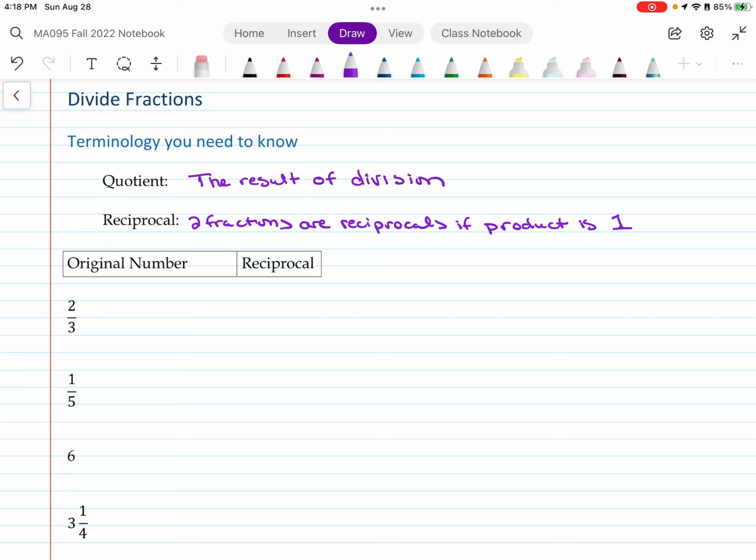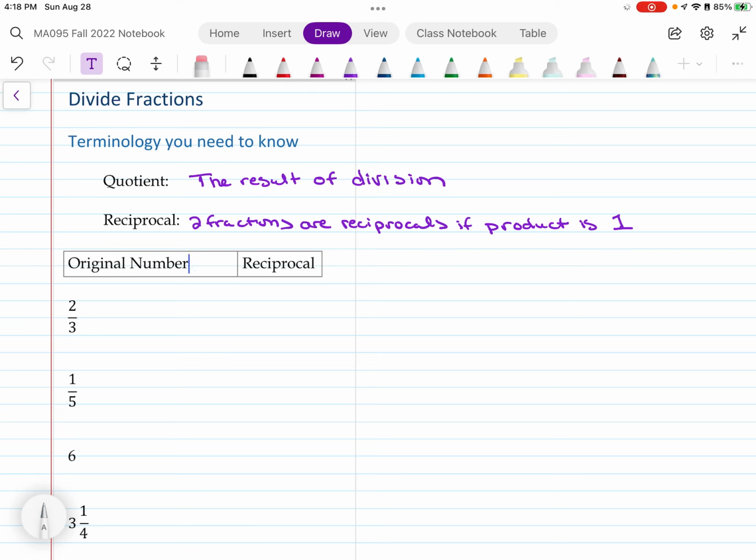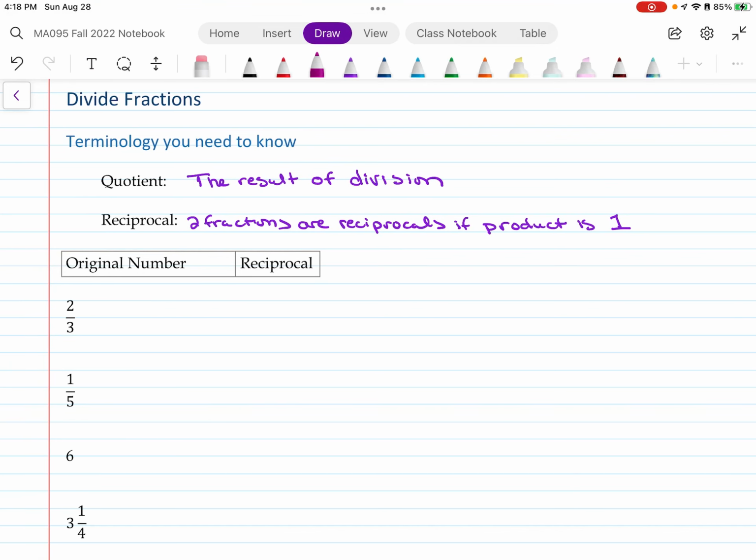I'll show you. All right, so the original number here is 2/3. The reciprocal is 3 halves.